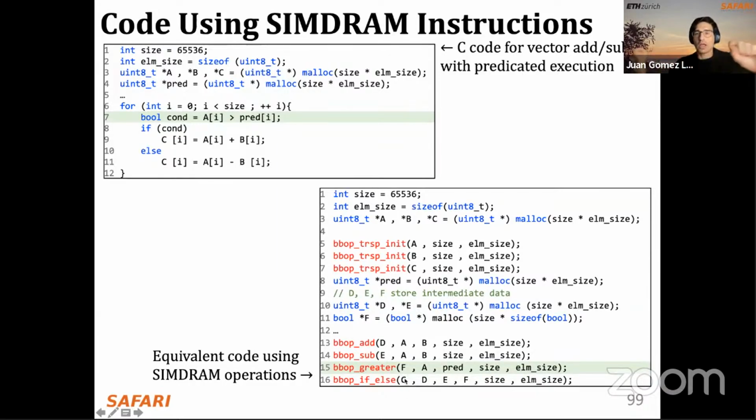It's an array of Boolean values that is either true or false, depending on whether the condition is true or false. And in that case, we will execute the addition or the subtraction.